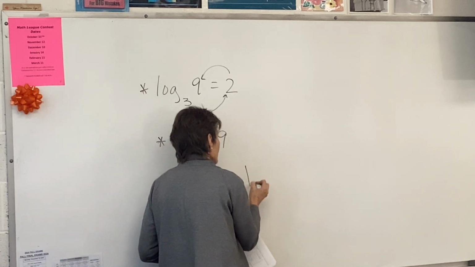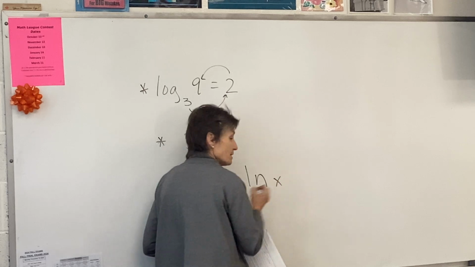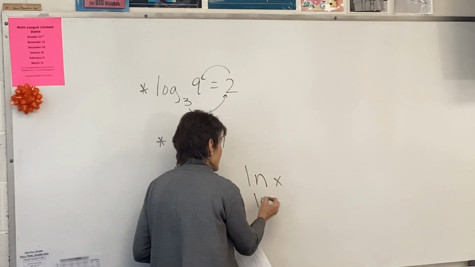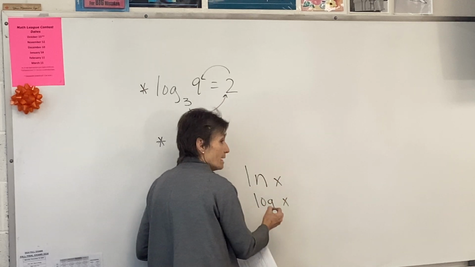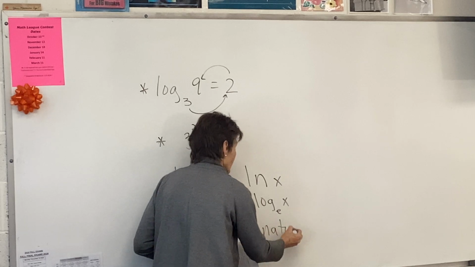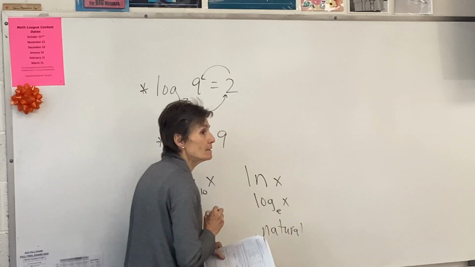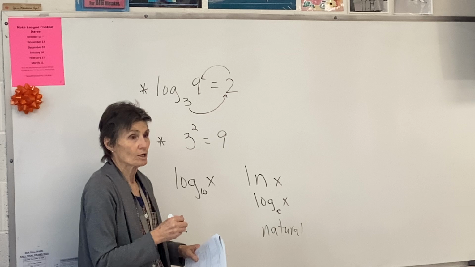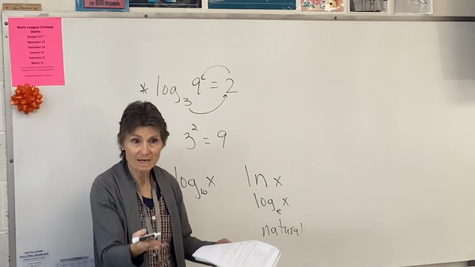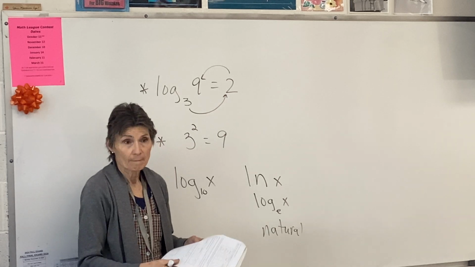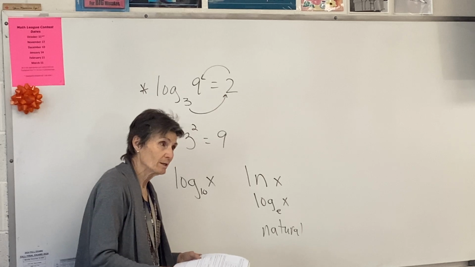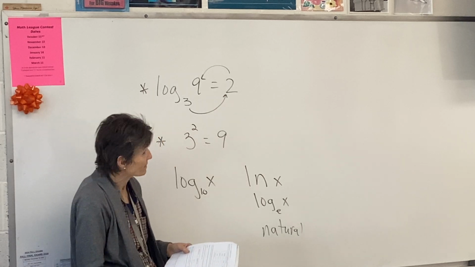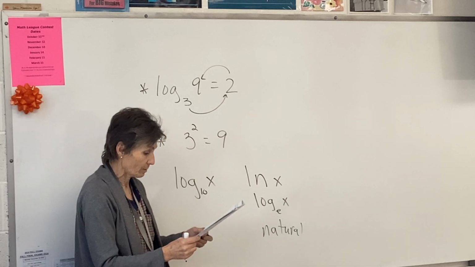Similarly, if we see ln x, that means log base e, and these are called natural logarithms, okay? So ln is just a logarithm with a base of e. So everything we do with our logs, we can do with our lns. It's just a different kind of logarithm.